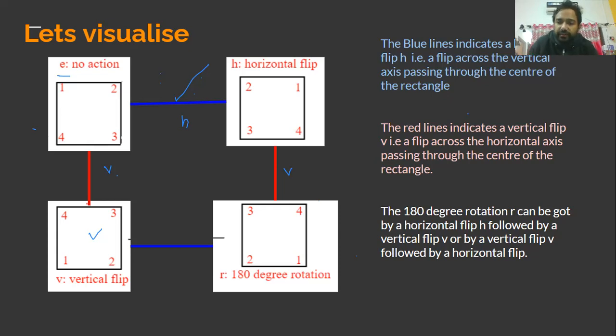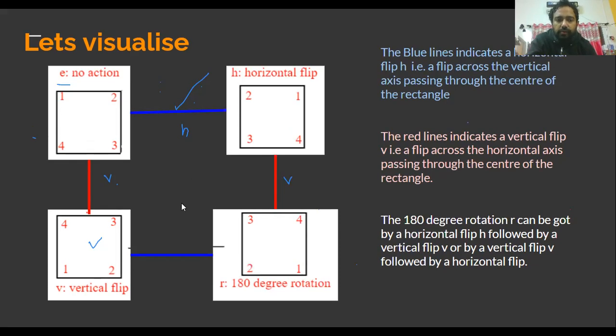And the 180-degree rotation can be got by a horizontal flip followed by a vertical flip, or by a vertical flip followed by a horizontal flip. In group theoretic notation, R equal to HV equal to VH.